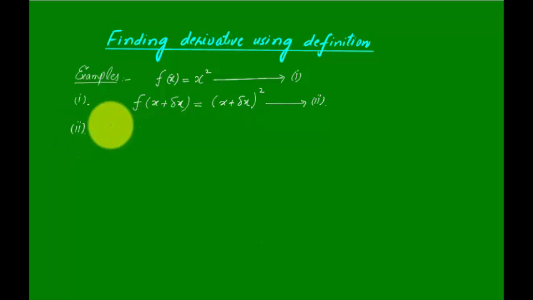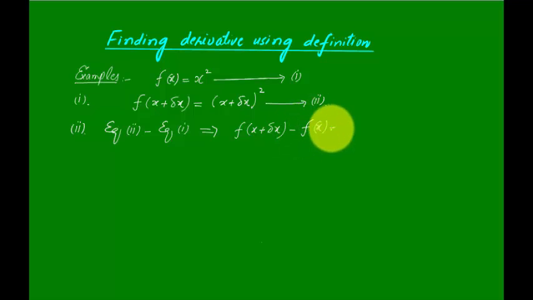If this is equation number 1 and this is equation number 2, then in the second step we simplify equation number 2 minus equation number 1. This implies f of x plus delta x minus f of x is equal to, on the right hand side, x plus delta x whole square minus x square.